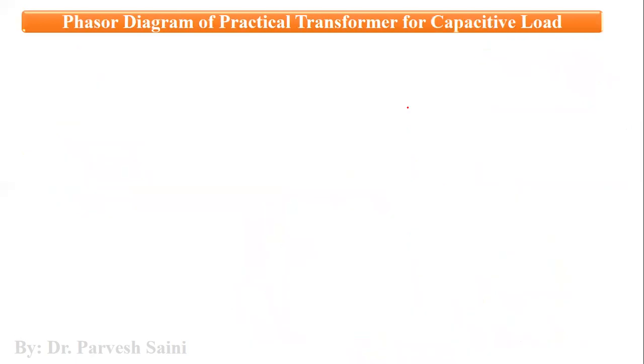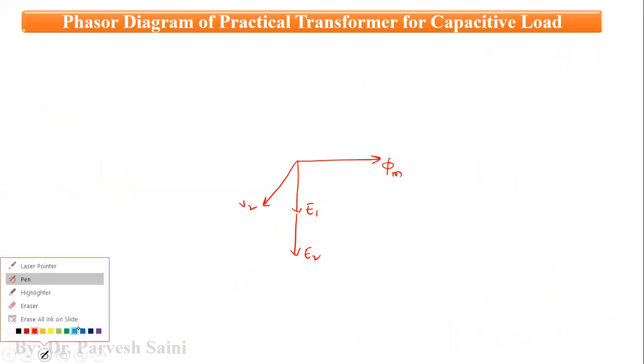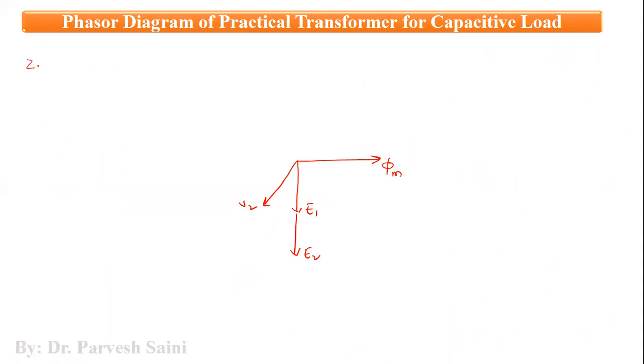Now let us draw the phasor diagram of a transformer for the capacitive load. Again, first of all, we will draw the reference phasor phi m. Then we will draw the EMFs E1 and E2, very simple. Then we will draw the voltage V2. Now, because this is a capacitive load, ZL is RC, right?